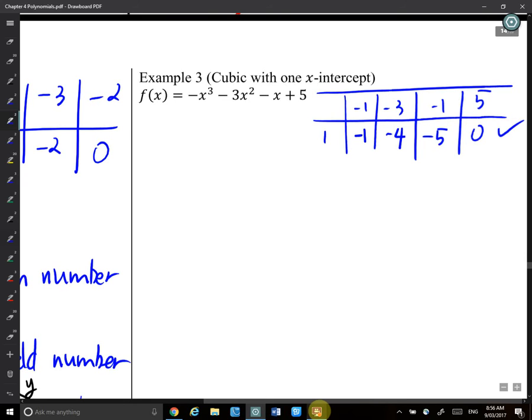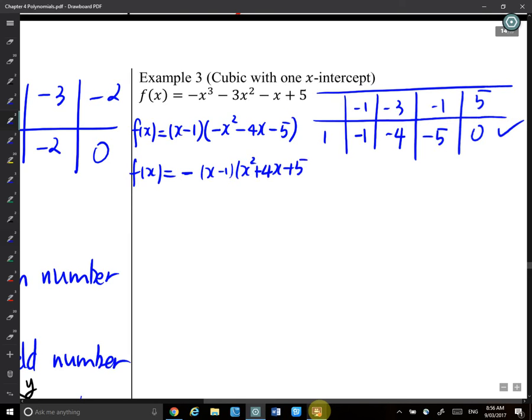So that works. So x minus 1 is a factor. But what you have is a minus x squared, minus 4x, and minus 5. What you can do is take the minus sign out. That is minus bracket x minus 1, x squared plus 4x plus 5.